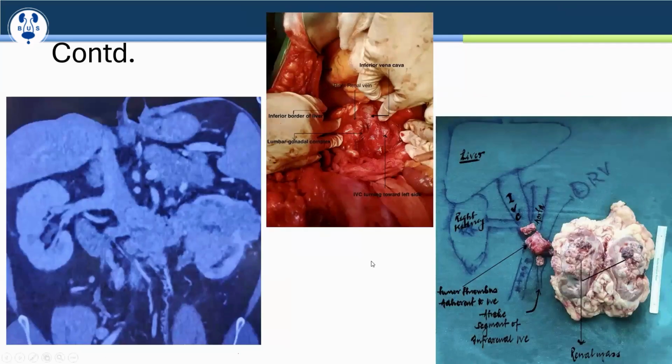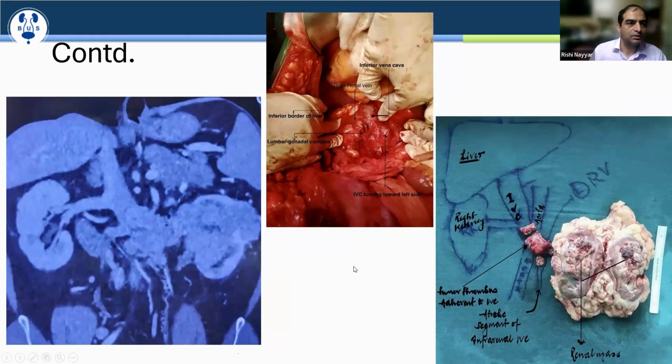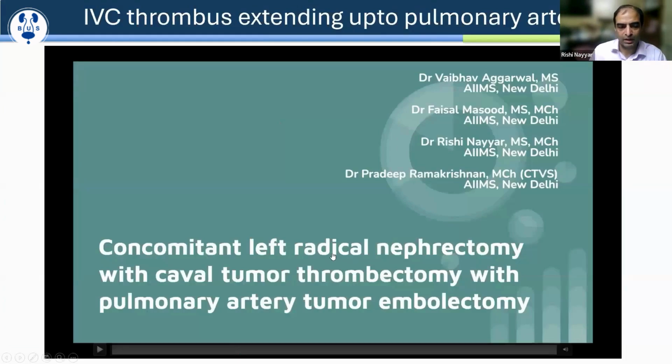So I think coming towards the end. This is the same thing. I think I'll skip this because sometimes the tumor thrombus splits and actually goes into the pulmonary arteries from the right atrium.